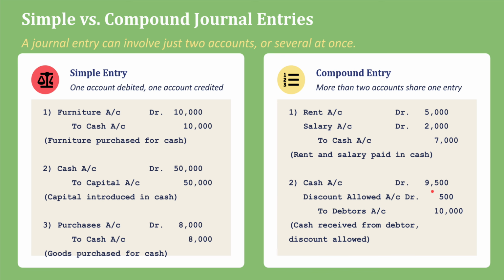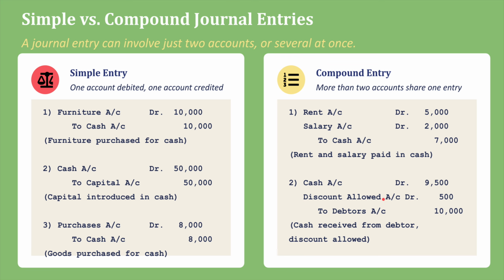here cash is received, there is a discount allowed, and to debtors account. So there is some debtor who is supposed to pay us. Okay, so he is supposed to pay us 10,000, where the company has given him a discount of 500 and 9,500 net has been paid. So cash received and discount allowed. So here debit what comes in, or cash is an increase in asset, right? So we are debiting it.